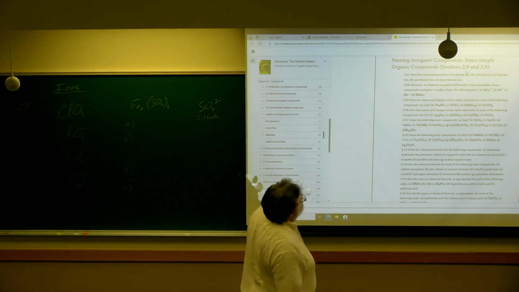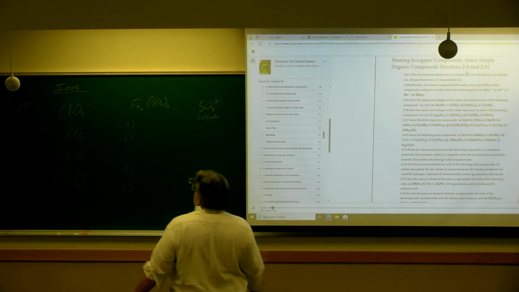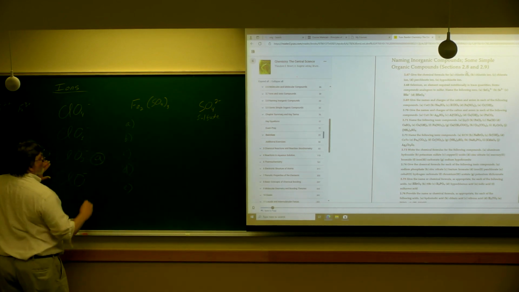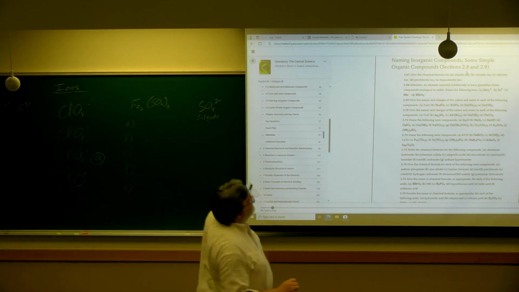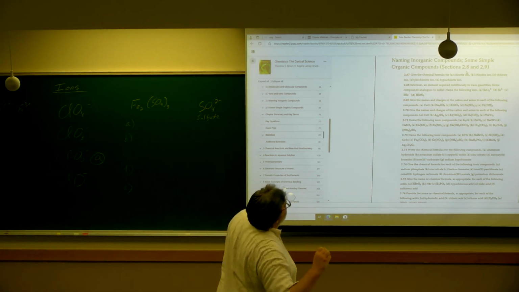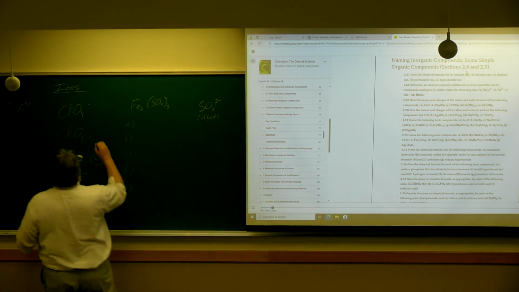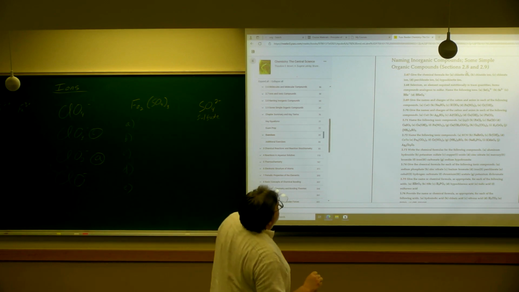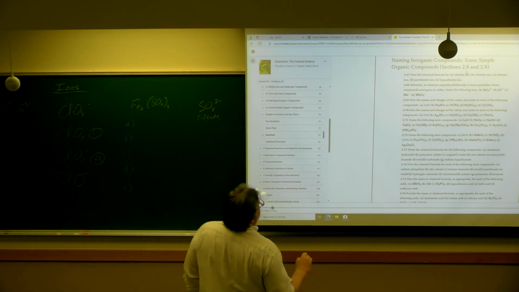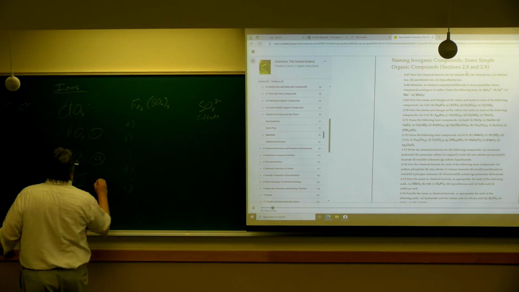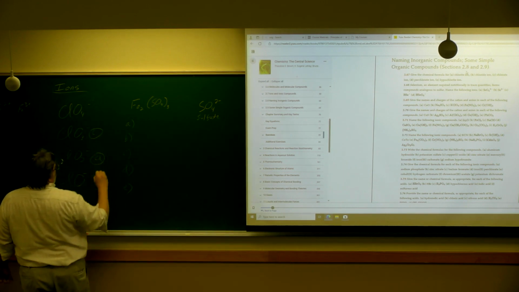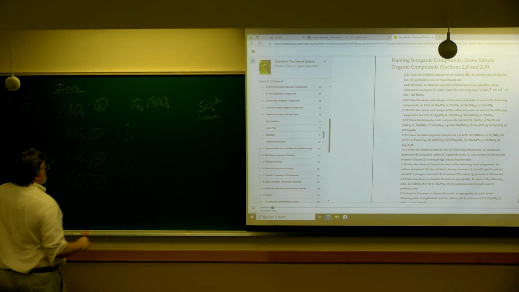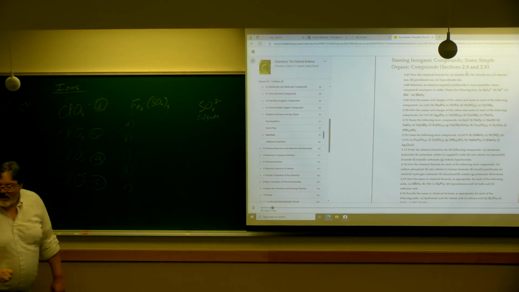What did they give me here? Chlorite. So that's A, chlorite. Chlorate is this one, which is C. Perchlorate is D, hypochlorite E. So that's E. That was D. But what I'm getting at is, what is B?